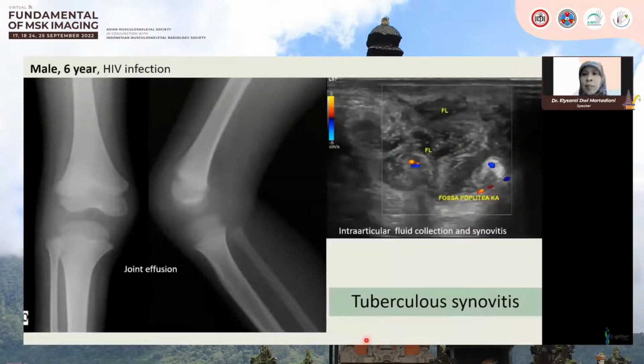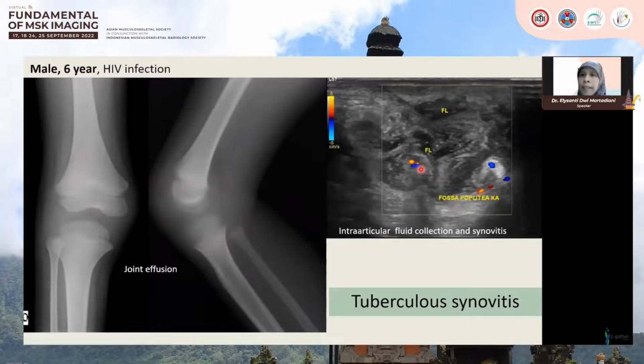This case is tuberculous synovitis in a 6 year old male child with HIV infection. From the knee radiograph, we can see that the bones show no abnormality, but there is swelling of the right knee, and we suggest this is joint effusion.